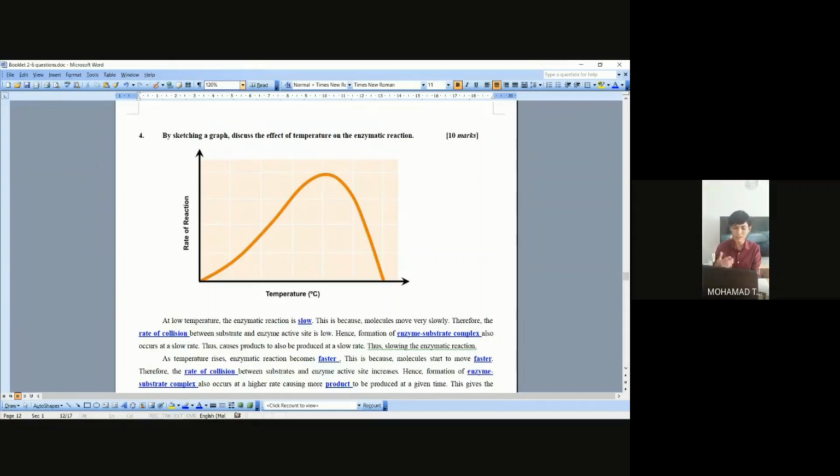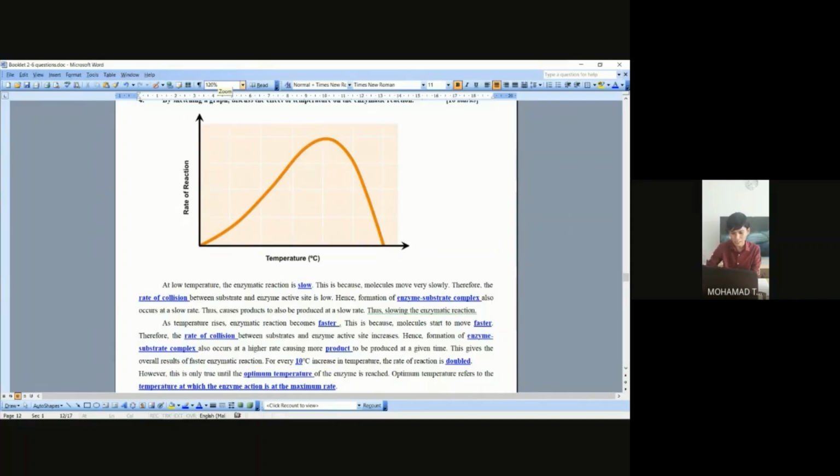Therefore the rate of collision between substrate and enzyme active site increases. Hence, formation of enzyme substrate complex also occurs at a higher rate, causing more product to be produced at a given time. This gives the overall result of a faster enzymatic reaction. More product is produced per given time, so your rate of reaction goes up, right?